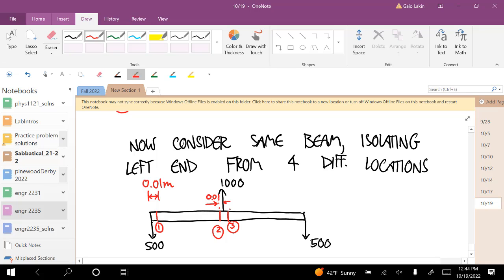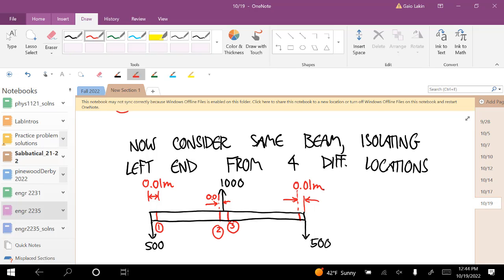Are you with me on all this? And then I want to do a distance of 0.01 meters from the end. So those are the 4 places we want to do this calculation.